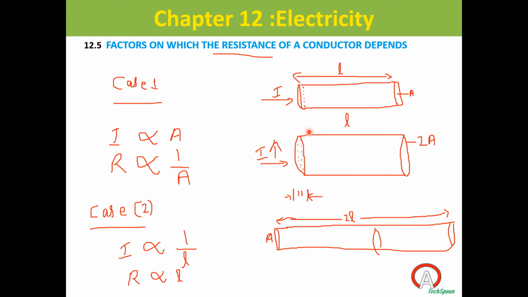For current, we start with the area of cross section, because we can compare it with a small door and big door. A big door can pass more people at a time. Similarly, a big area of cross section passes more charges through that cross section. So more current.